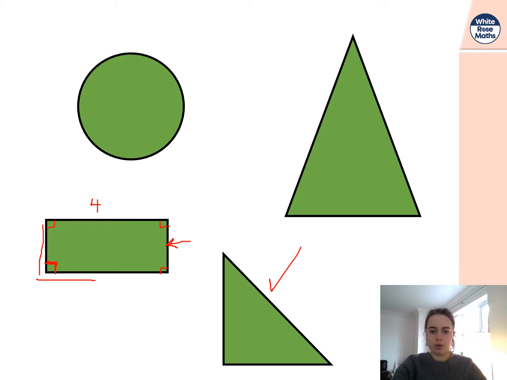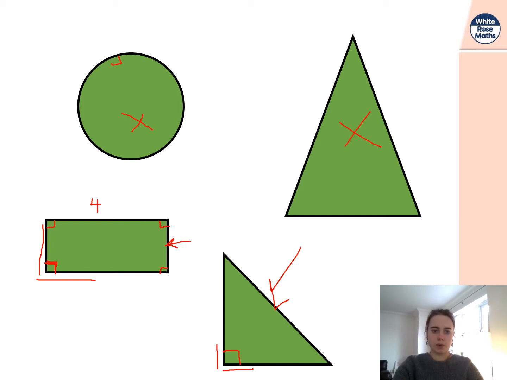Now this triangle over here, I could make a right angle in because I've got two sides that come together here and they form a right angle. They're both straight. Neither of them are at a slant. I could not make one in either this circle or this triangle.